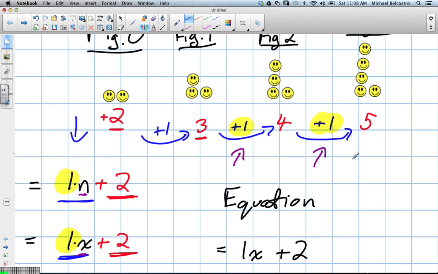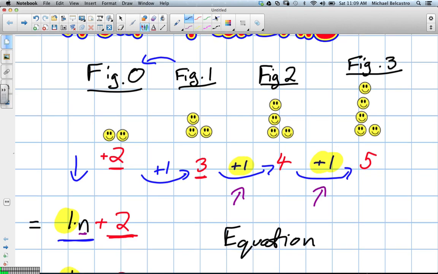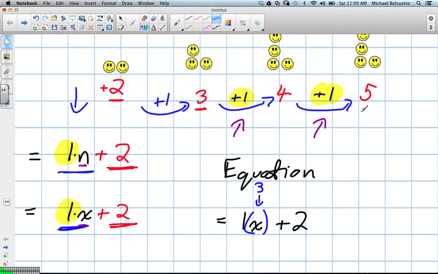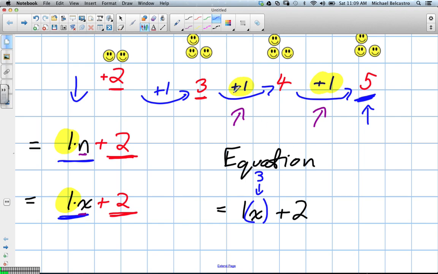Okay, so we have that equation. We want to check to make sure it's correct, that it works with everything we're doing. So let's take figure 3. This 3 here is our x. We should be able to plug 3 in for this, and it should give us an output. So we input 3, an output of how many terms are in figure 3, in which we counted there to be 5. So to check this, there should be 5 when we do this.